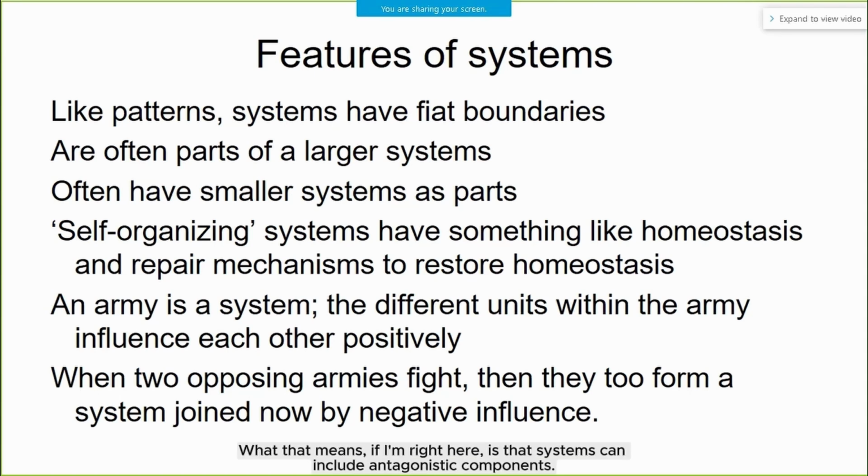And what that means, if I'm right here, is that systems can include antagonistic components. And I guess that's true already for a single organism, because we can have pathogens. Our microbiomes can contain not just friendly bacteria, but also unfriendly bacteria. But they're still part of the same microbiome, which is a system.